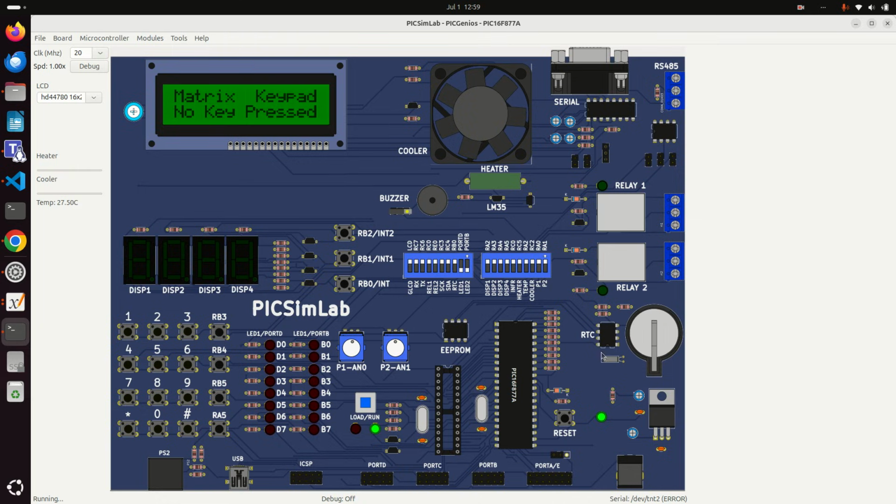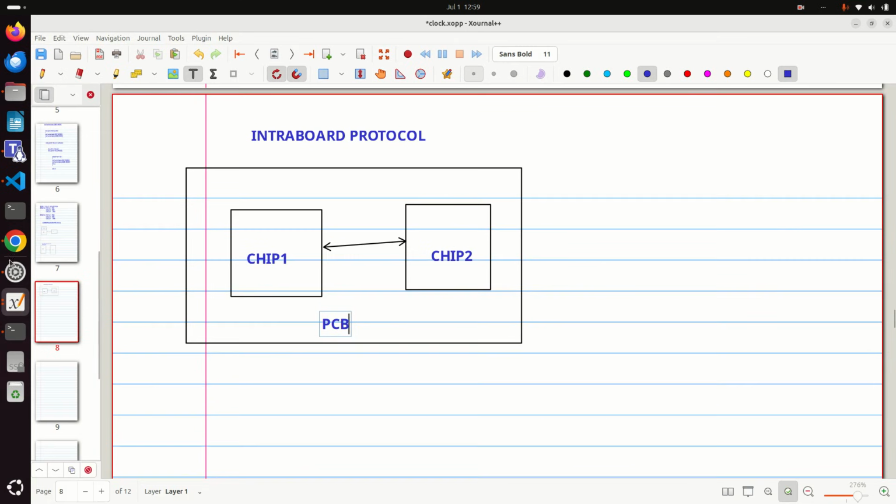Then it is nothing but the intraboard communication protocol, isn't it? And also here we have one more chip. Like that we have chips. So this is the example for intraboard protocol.